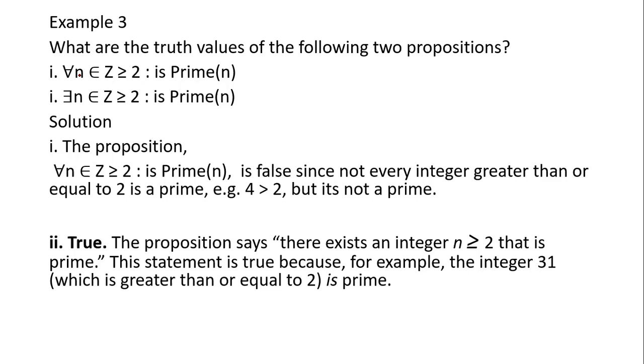For all n belonging to Z, that is the integers, n is greater than or equal to 2. Now, your conclusion part is what? n is prime. Now, II. There exists n belonging to the set of integers, greater than or equal to 2, n is prime.